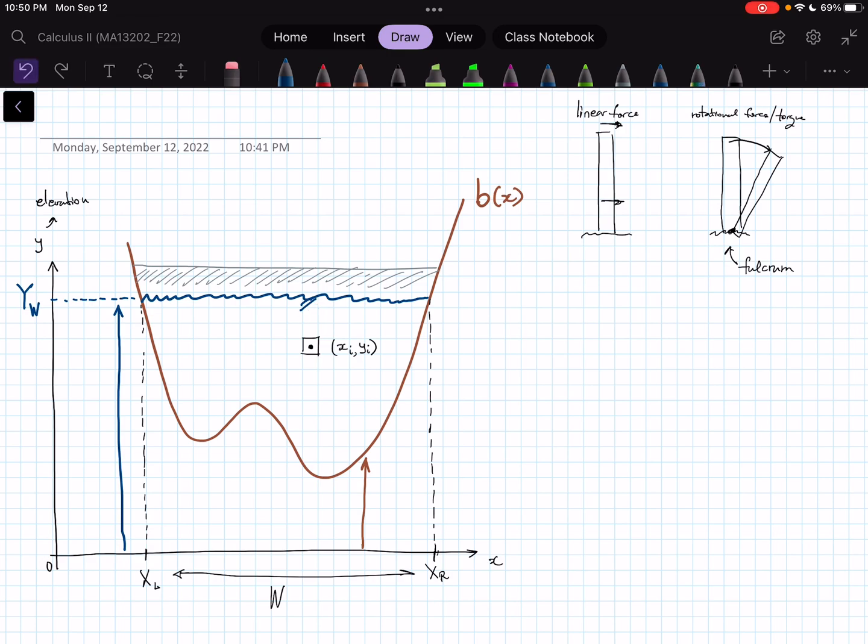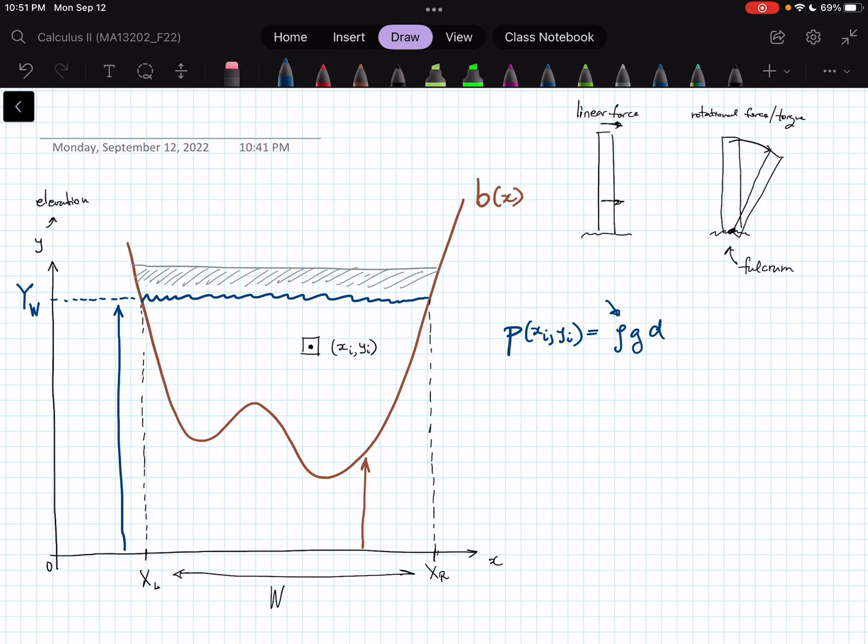So if I have this location xi, yi, then the hydrostatic pressure P at that location xi, yi is going to be given by rho g h. Oh, I'm sorry, rho g, we're going to label this last quantity d.